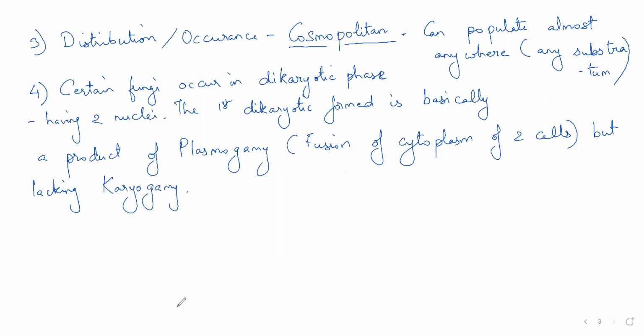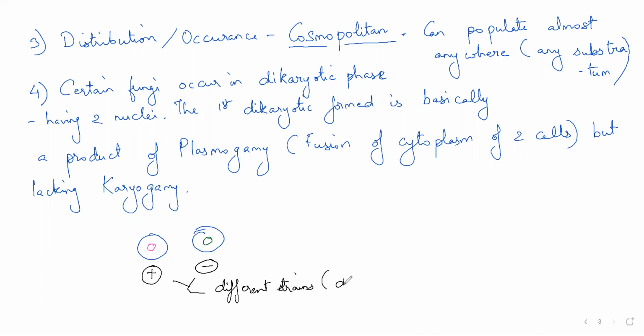There were two cells. Let this be one cell, and let this be another cell. This is its nucleus, and this is its nucleus. We call this positive strain and this negative. This positive and negative just means these are two different strains or types, or different mycelia. The result is a single cell having both kinds of nuclei in it.